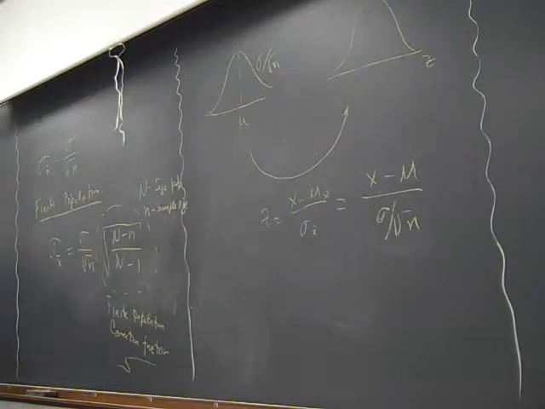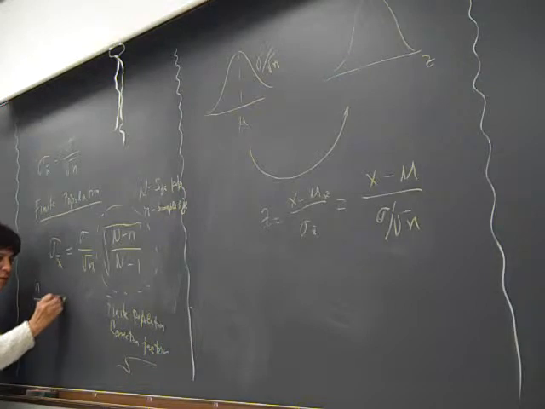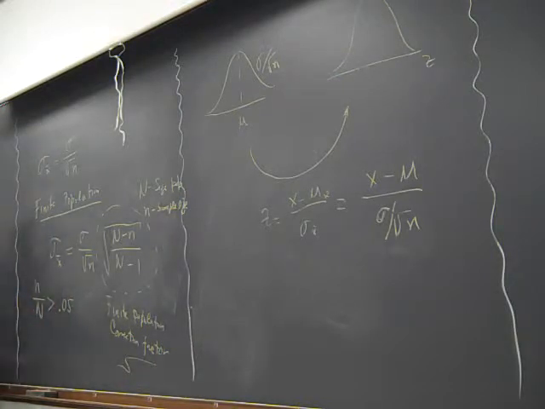How do you know that it is a finite or infinite population? Well, when the proportion of the sample divided by the population is greater than 5% or 0.05, then we have a finite population, and we have to use this factor.